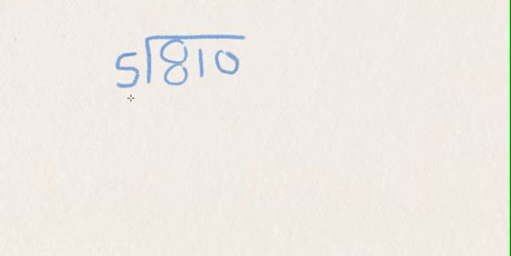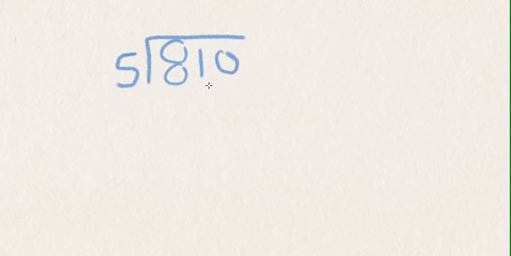The first thing you're going to do is take that number on the outside and ask how many times will it go into the first number on the inside of the box without going over it. And then we're going to write that answer to the top. We're going to take the answer and multiply it by the number on the side, put the answer of the two numbers multiplied together underneath, subtract, and put the answer underneath that. It's kind of a big circle we're going to be working through.